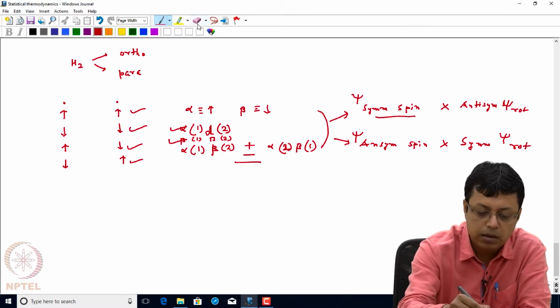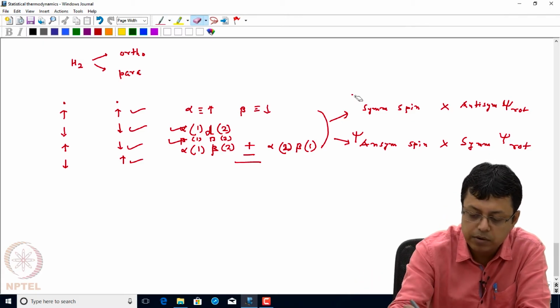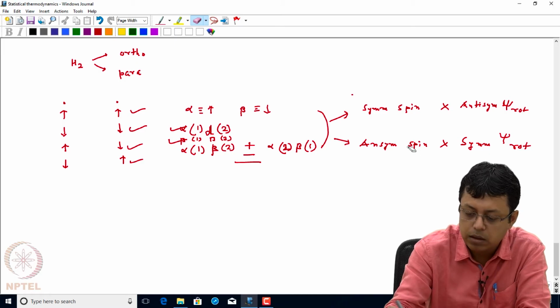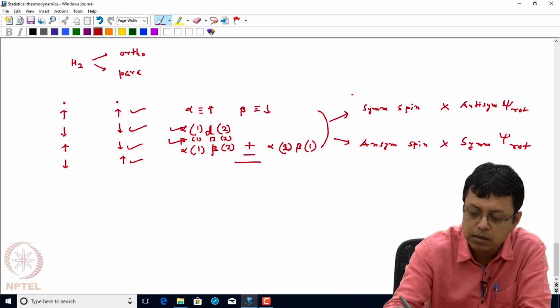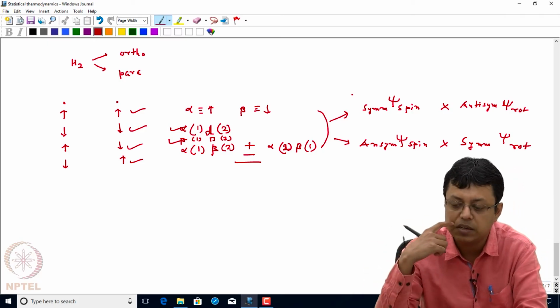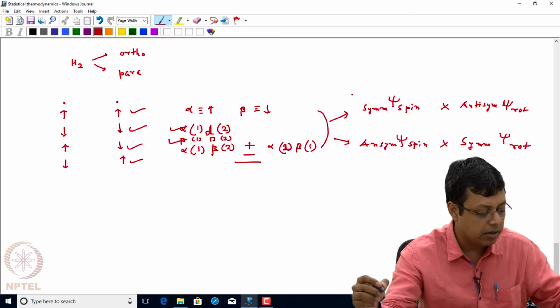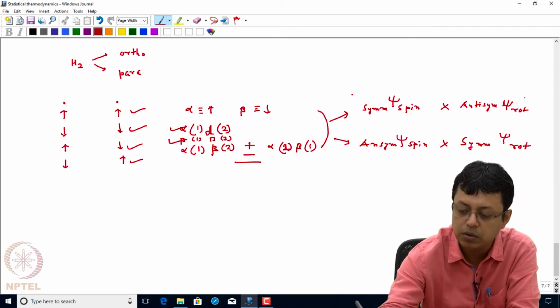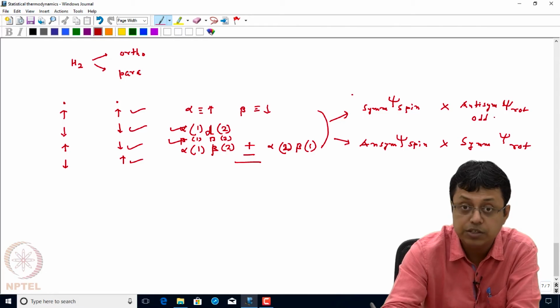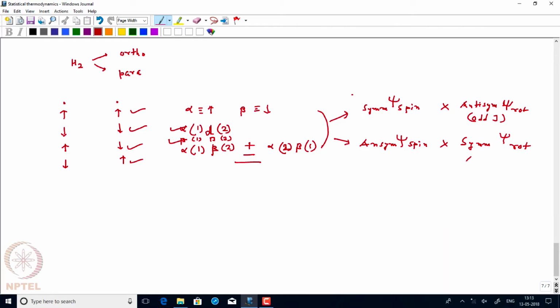We can write it as symmetric psi spin, antisymmetric psi spin, something like that. Now the antisymmetric psi spin is related to the even j values, and the symmetric is related to the odd j values.